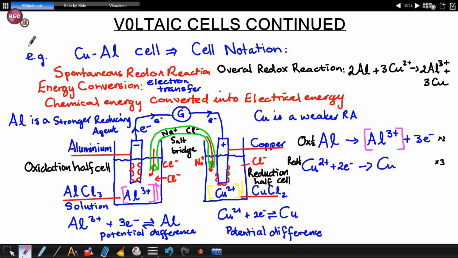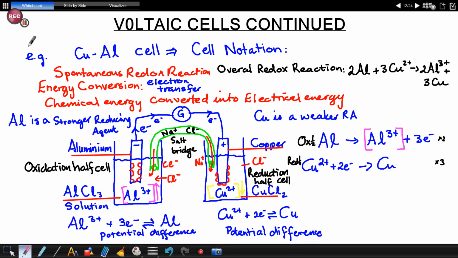Yes. And then what is the meter for? The galvanometer. Yes. It's like a voltmeter or an ammeter. It reads the potential difference between the electrodes. So it tells us the amount of electrons that are being transferred. Well, you can calculate that if you use an ammeter.